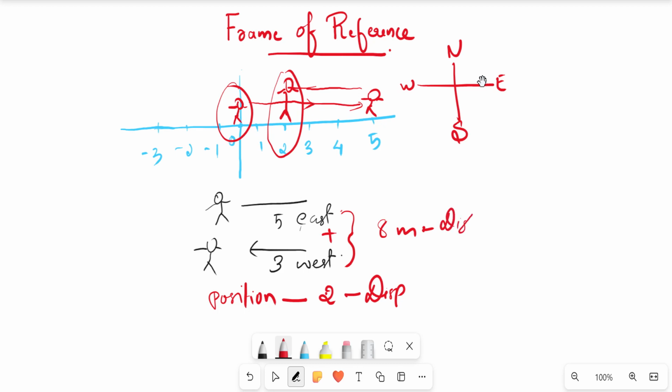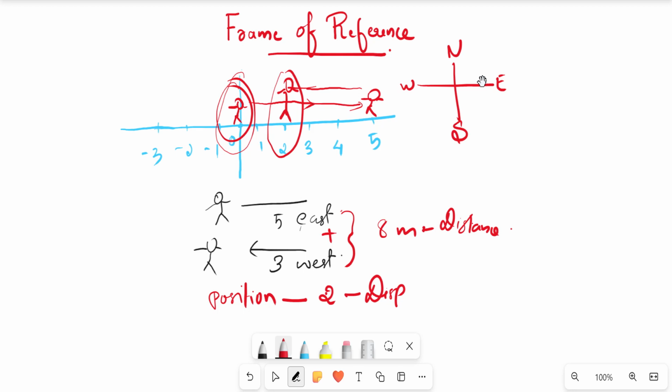But here you are doing all these calculations with respect to a particular point, the origin, right? If the person starts from 0, then only can you calculate with respect to that position or point. This particular point or place is otherwise known as the frame of reference.